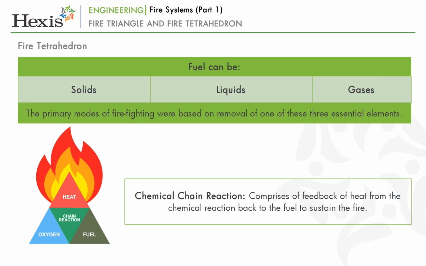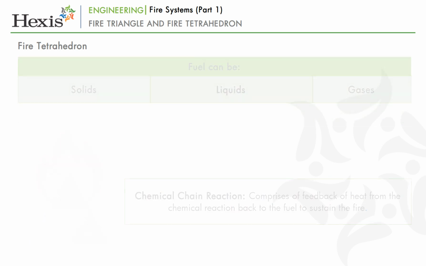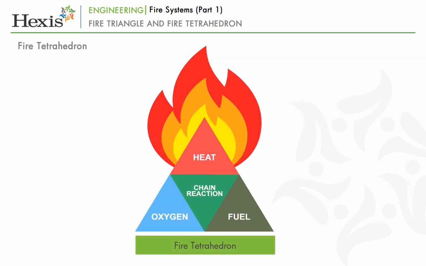Considering this fourth element, the fire is now represented by a tetrahedron, a pyramid with four plane faces, each describing one of the four essential elements of a fire, that is fuel, heat, oxygen, and a chemical chain reaction. This understanding of the fourth element of fire eventually helped in development of fire suppression systems which inhibited the chain reaction to stop the fire.